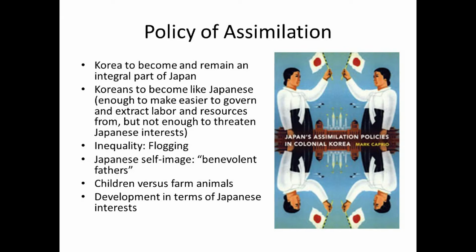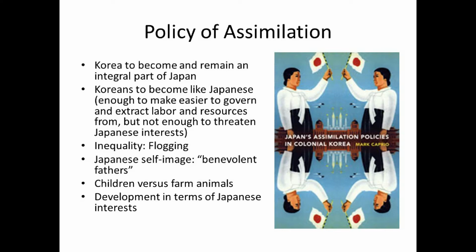So Koreans, for example, are never given the right to vote. They're promised the right to vote in like 1945 when the war is almost over in order to get them to support the war, but they're never given the right to vote in any effective way because that might threaten Japanese interests. So there's this promise that, hey, if you Koreans become like us Japanese, you'll become modern and you'll get equal rights and so forth, but it never materializes, right?